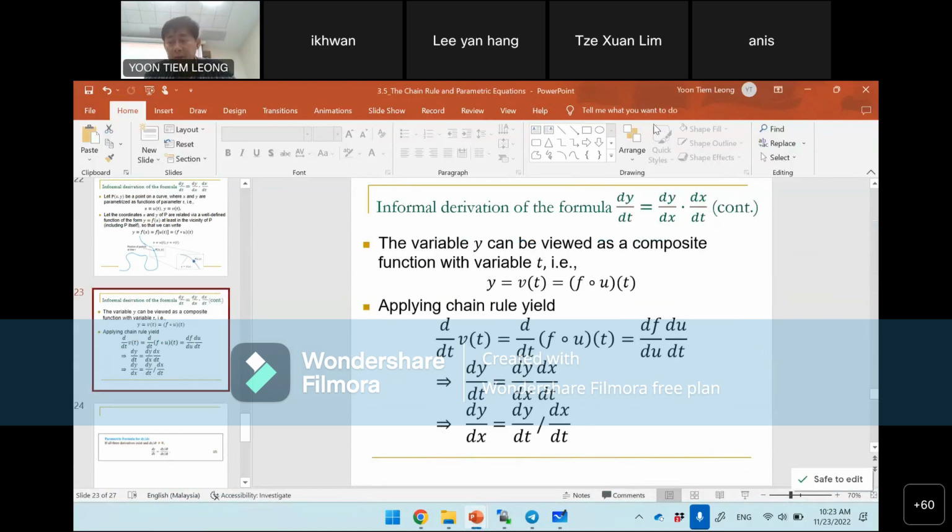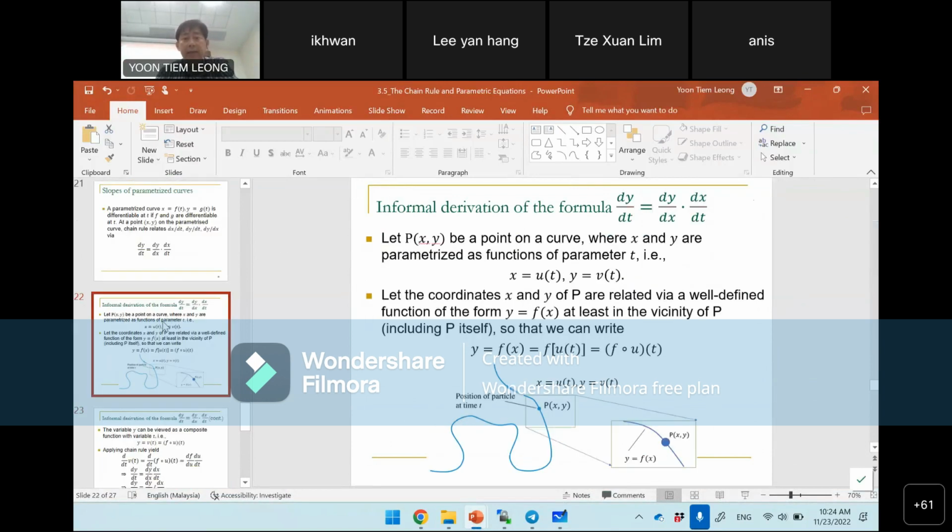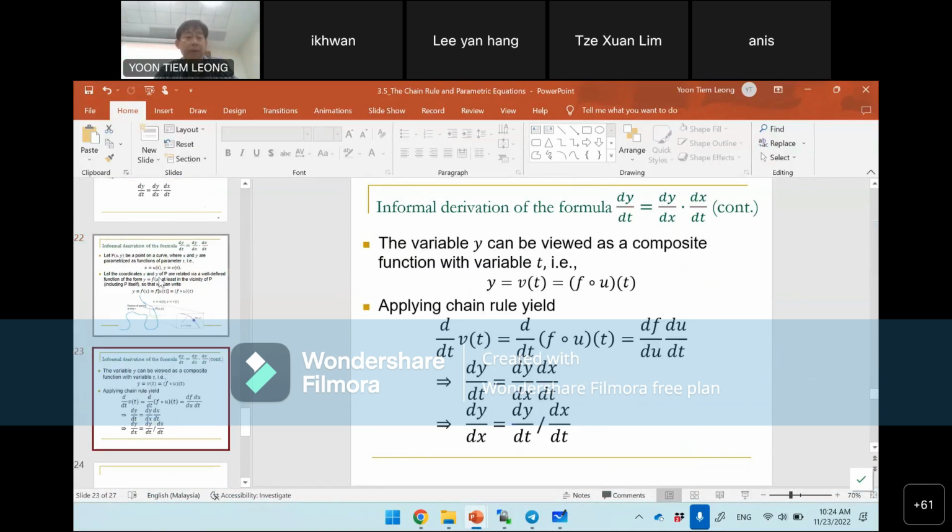So for the last 20 minutes or so, I was trying to explain how to derive this formula. Right. So the formula you can easily memorize, but it would be best if you can explain how this formula comes about by using the argument that I prepared in these two slides.